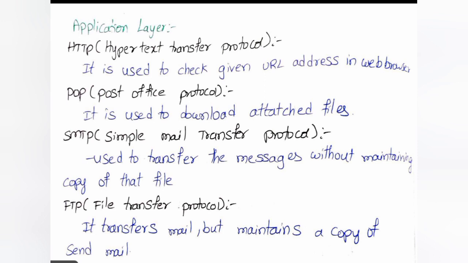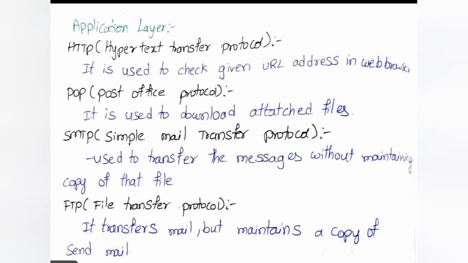And the next one is FTP, that is file transfer protocol. It transfers mail but maintains a copy of the sent mail. So this protocol also transfers the mail, but it maintains a copy of the sent mail. Here it acts as a store and forward device, the FTP protocol.